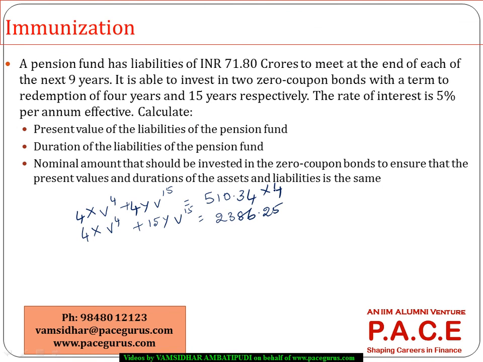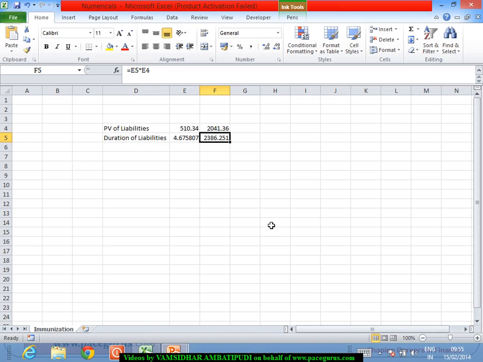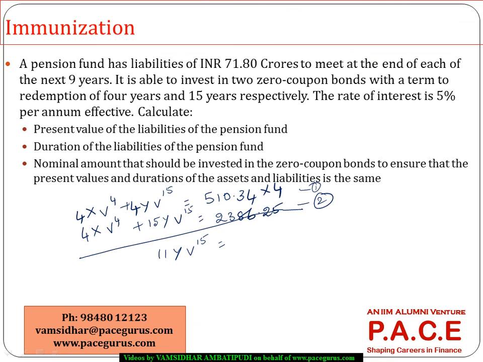And now when you are doing a simple arithmetic, subtracting the first equation from the second, it gives 11y v^15 is equal to the difference between these two, 344.89.